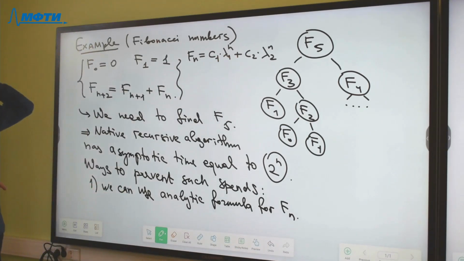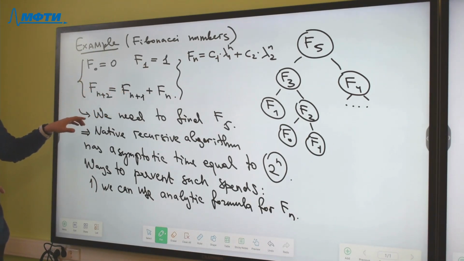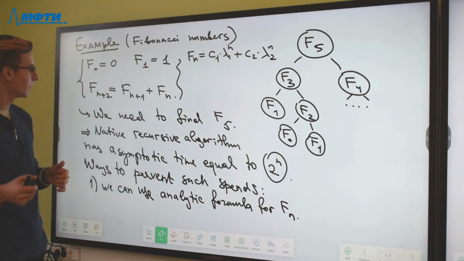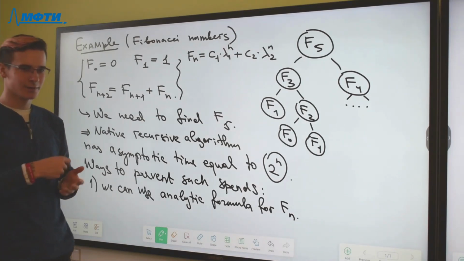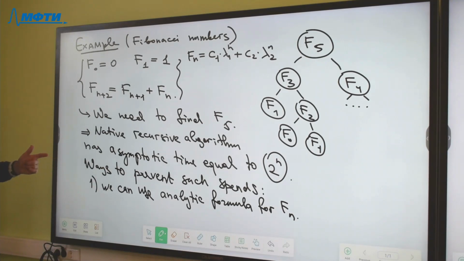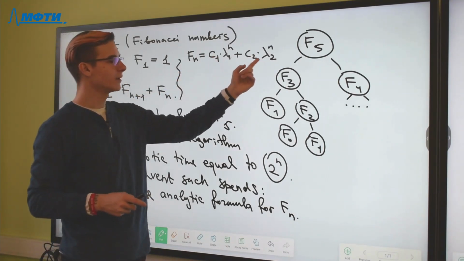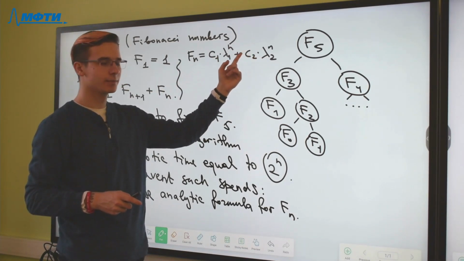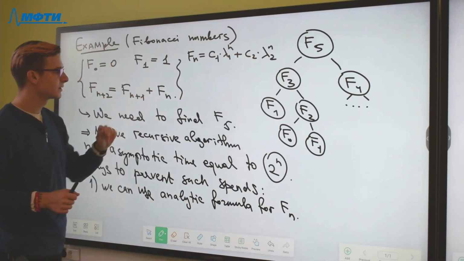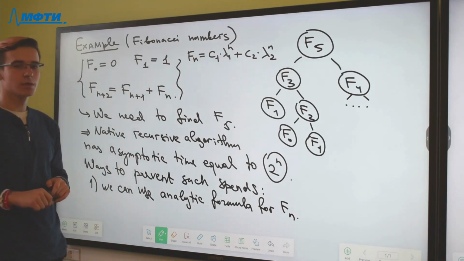But if we change this recurrence formula, we need to take paper and find a new analytic formula, and to find these two numbers, lambda 1 and lambda 2, we need to solve some polynomial equation.